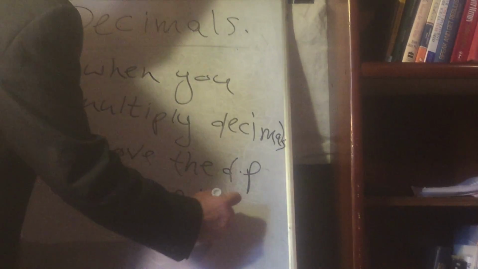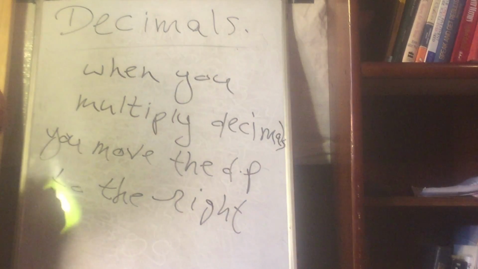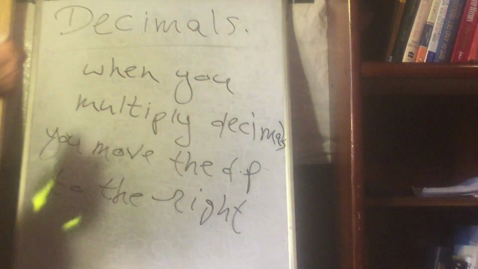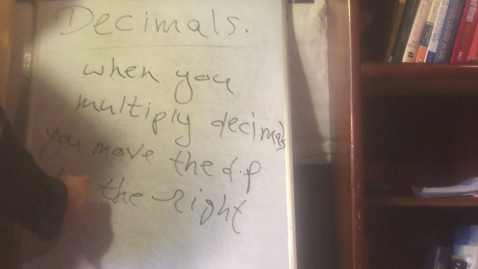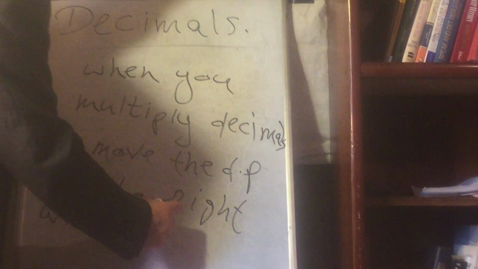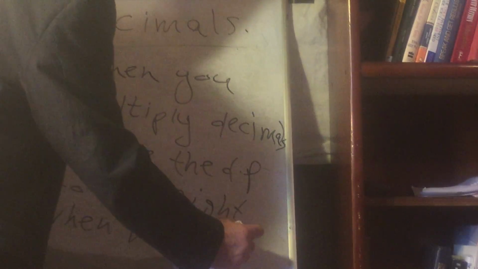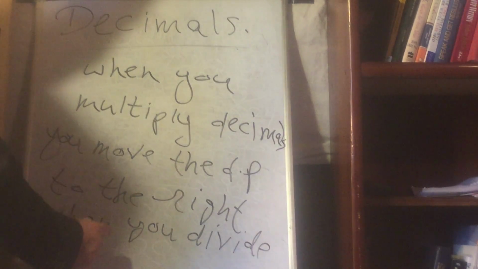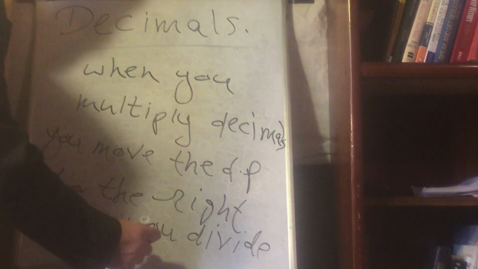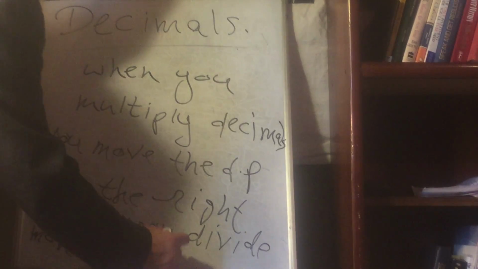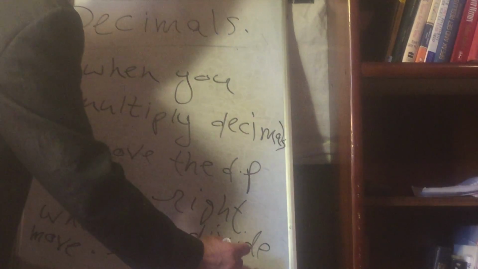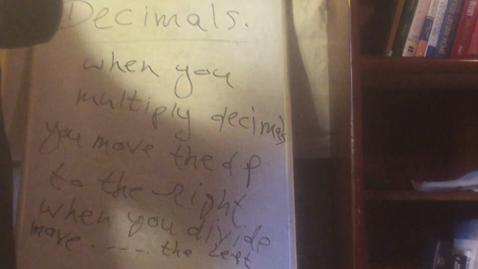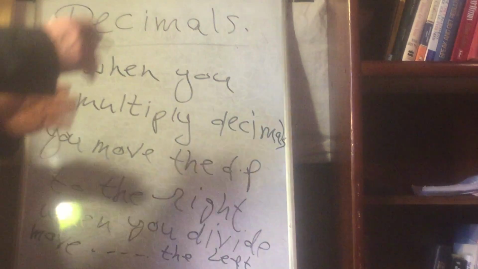Okay? When you multiply decimals, you move the decimal point to the right. Okay? When you divide, move the decimal point to the left. So, multiply, move to the right. Divide, move to the left.